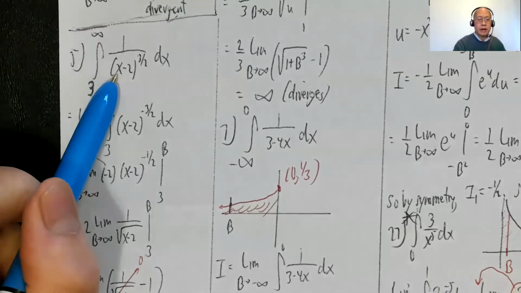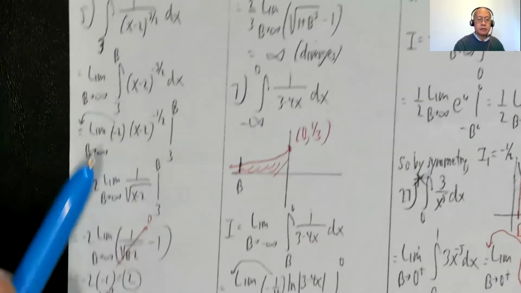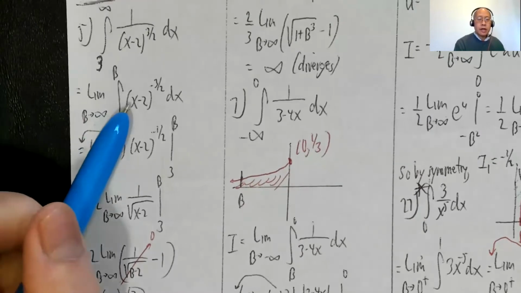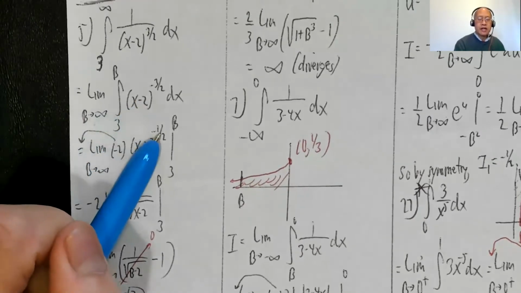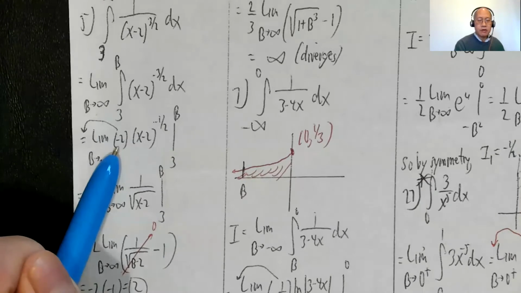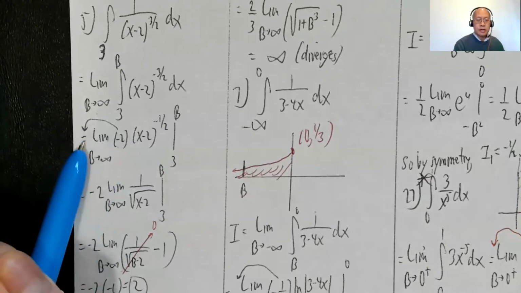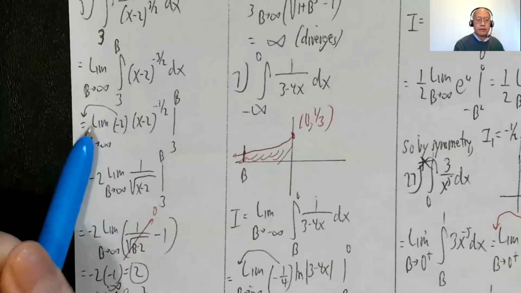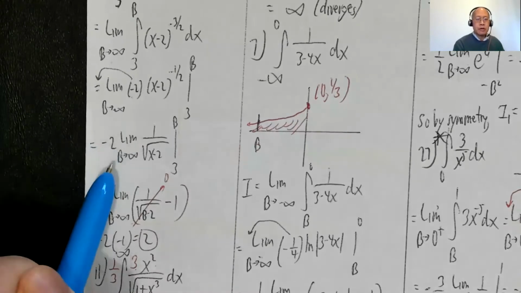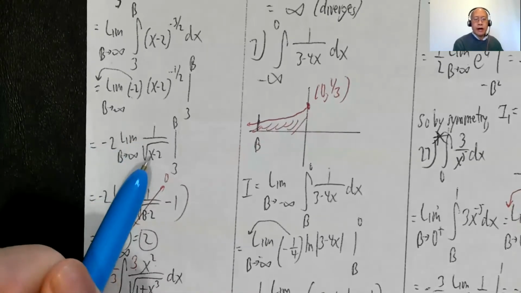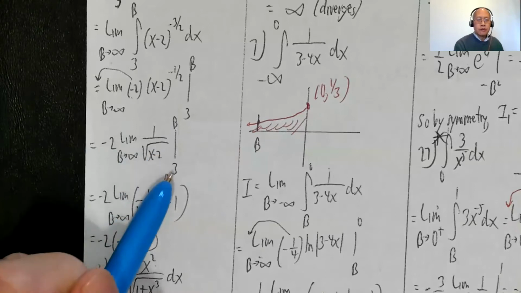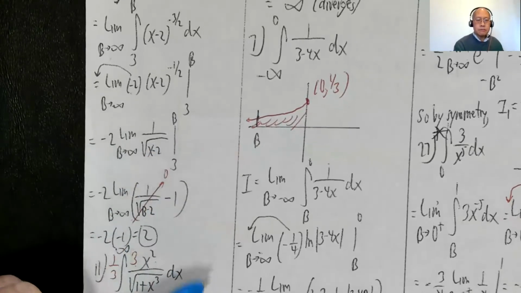This is, of course, (x minus 2) to the negative 3/2 dx. I integrate (x minus 2) to the negative 1/2 divided by negative 1/2, which means multiplied by negative 2. You can take the negative 2 out, property of limits. So negative 2, limit as b approaches infinity, 1 over radical (x minus 2) from 3 to b.